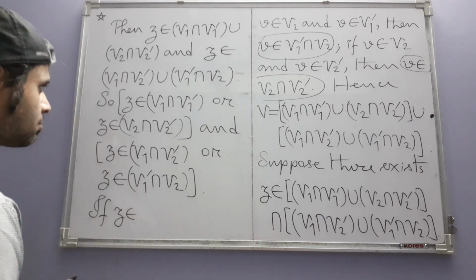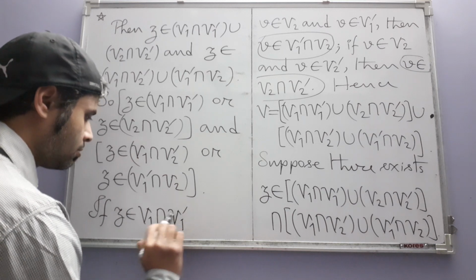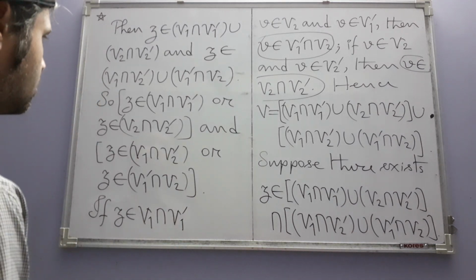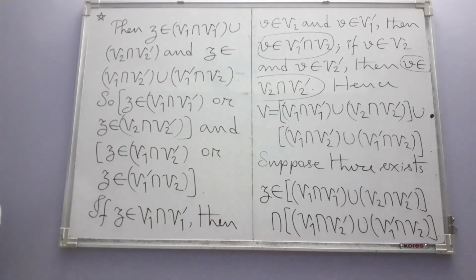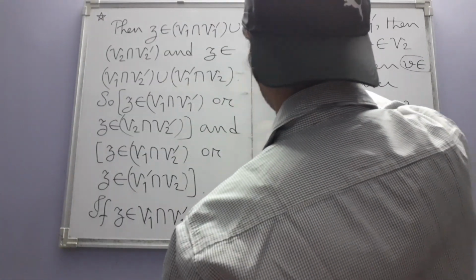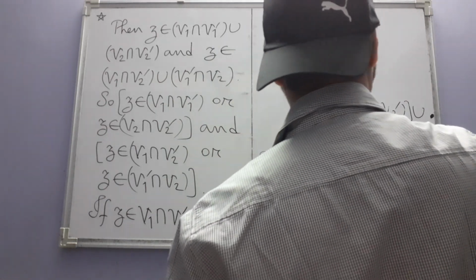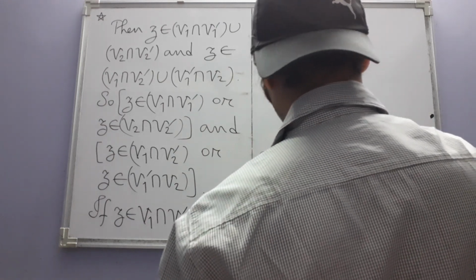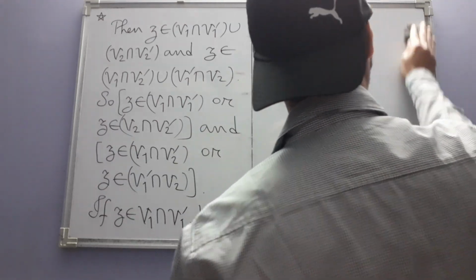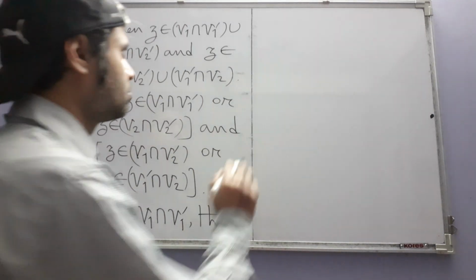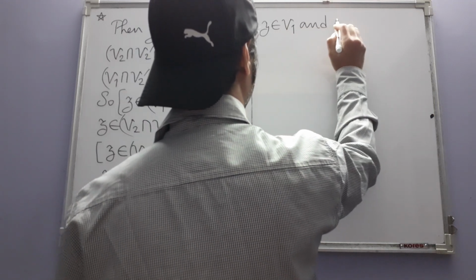If our vertex belongs to V1 intersection V1 prime, then it belongs to V1 and V1 prime.